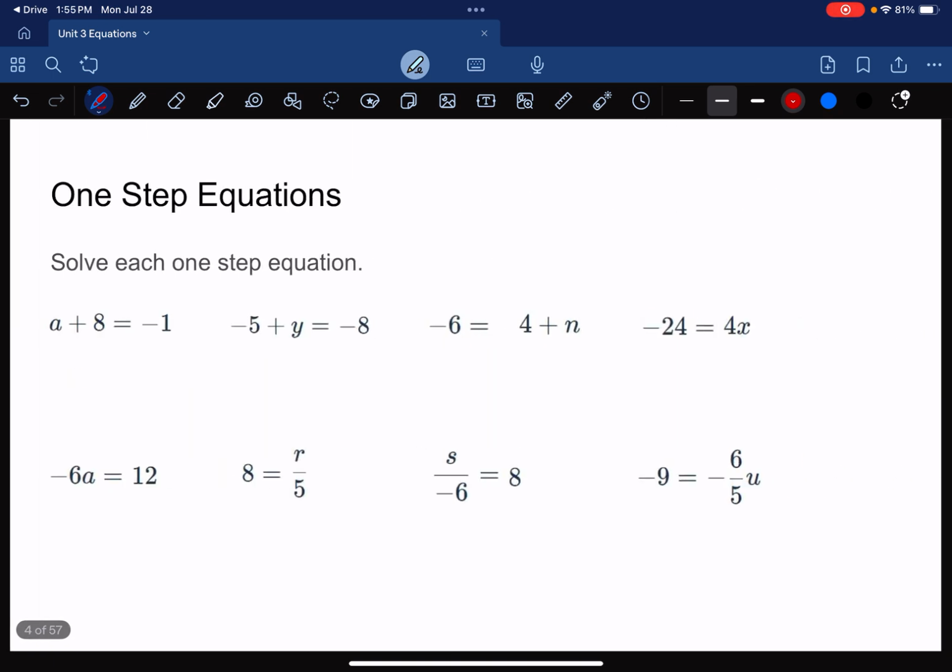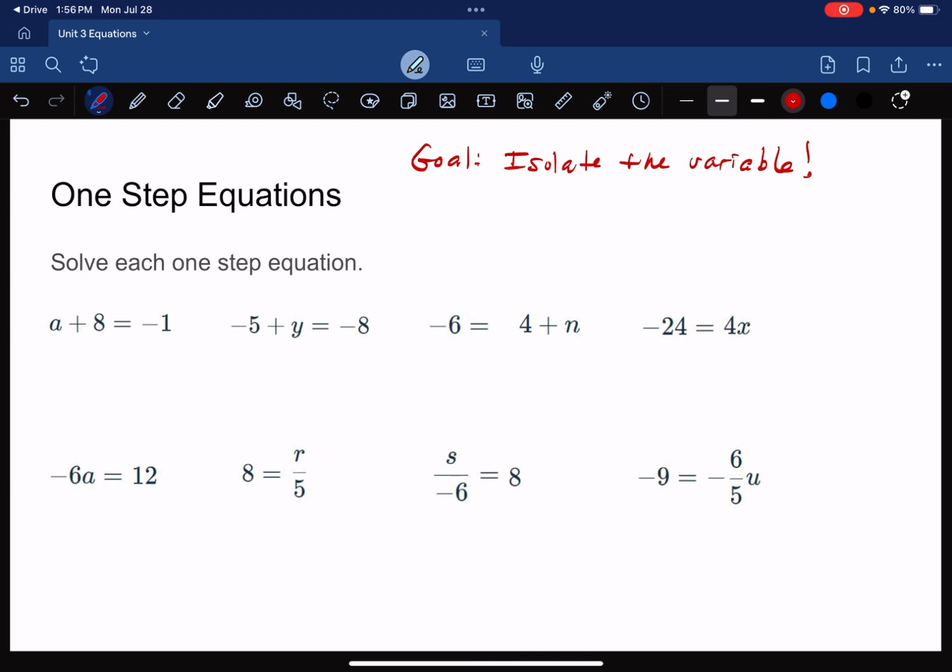So here are some basic 1-step equations. The goal of solving equations is always to isolate the variable. Got to get x by itself. In this case, a or y or n or x.